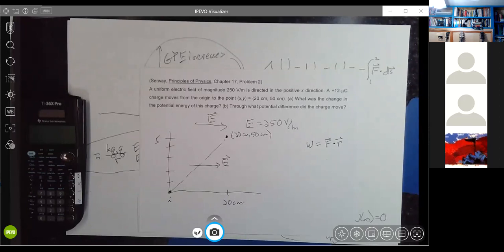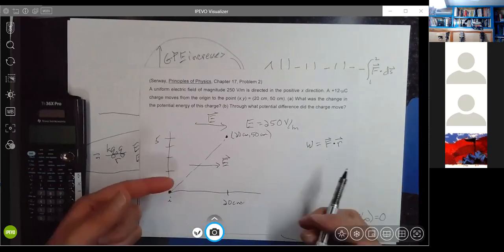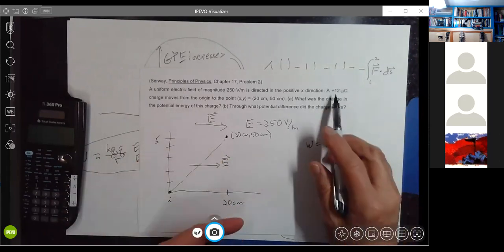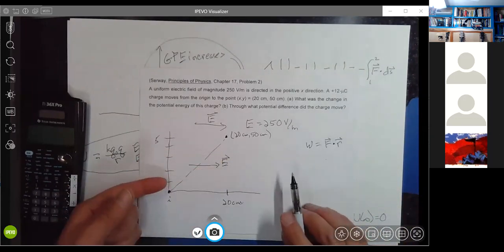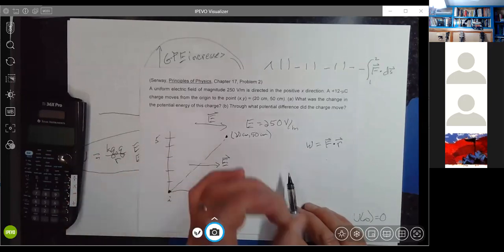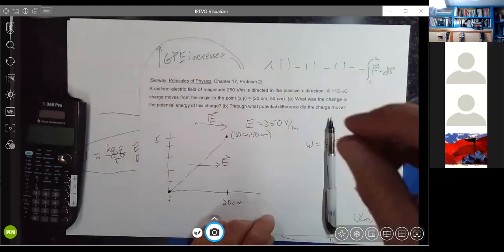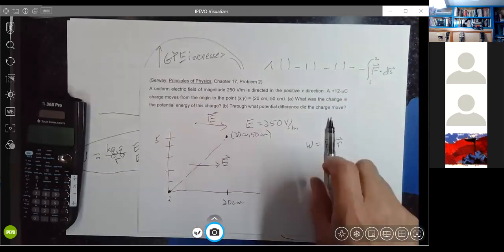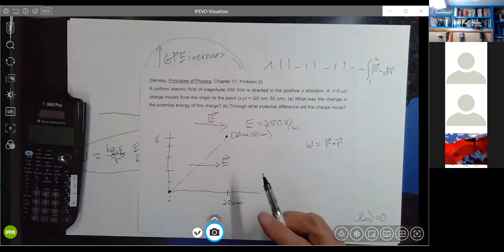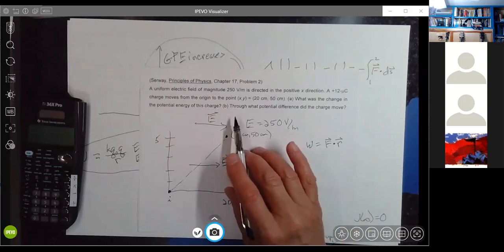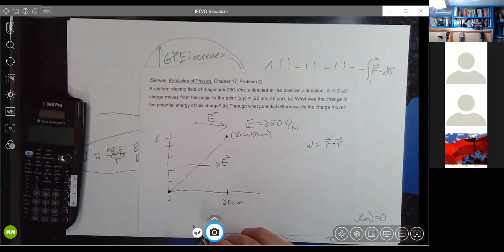Yeah, it would be negative because the force on the charge is in the direction of the electric field because it's a positive charge, and effectively it's going downhill in the electric field. It's like when you drop a rock, gravity exerts a downward force and the rock is moving downward. It's losing gravitational potential energy. And so same thing here. We'll have a negative change in the potential energy of this charge.